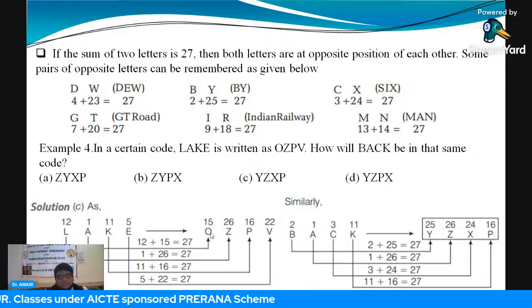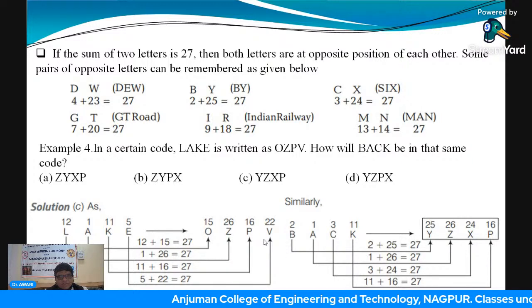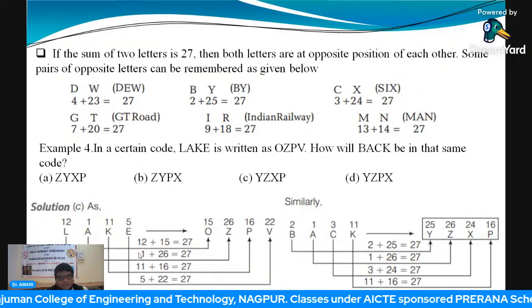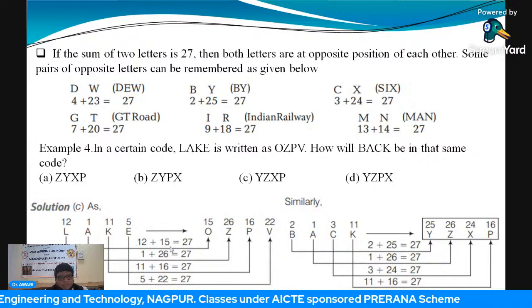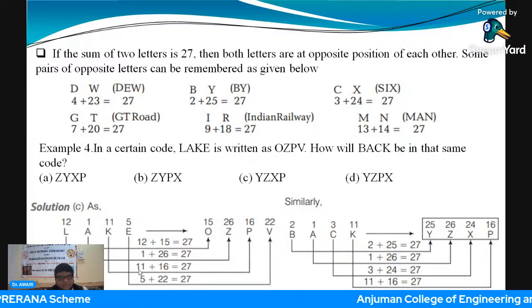Similarly, O is the 15th alphabet, Z is the 26th alphabet, P is the 16th alphabet, and V is the 22nd alphabet. So what is being given is 12 plus 15 is equal to 27. Then 1 plus 26, this is position 1 and this is position 26, giving 27. Here 11 plus 16 is 27.